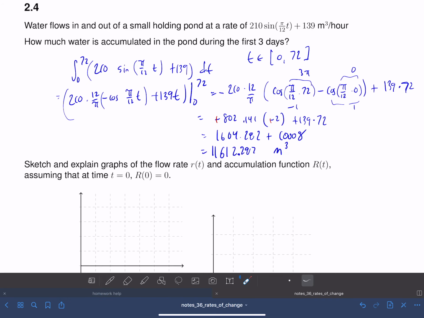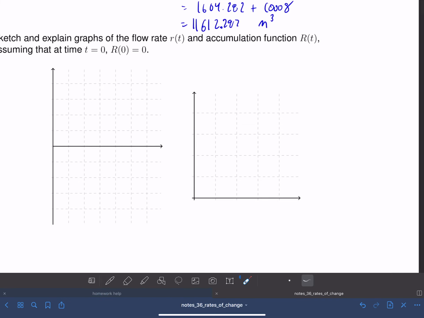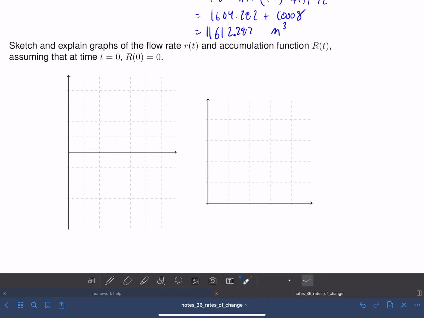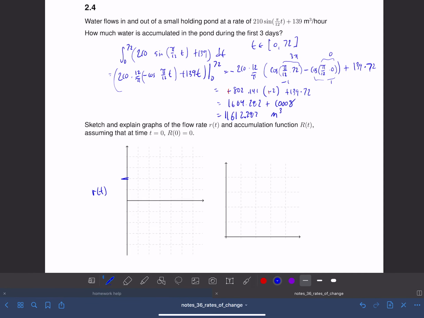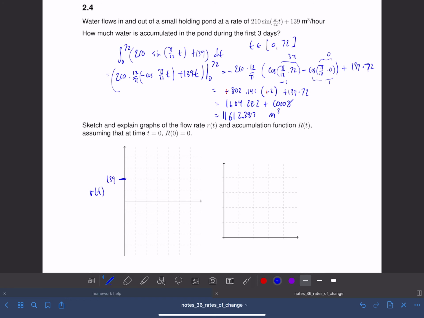Okay, so let's sketch and graph the flow rate and the accumulation function. Over here I'm going to plot R of t, the flow rate. It's offset by 139, and the units of this axis are meters cubed per hour.